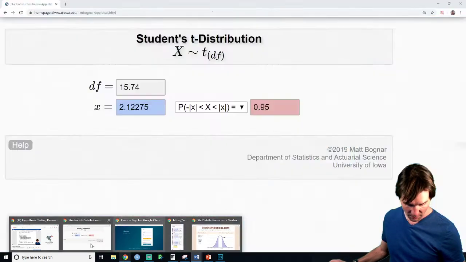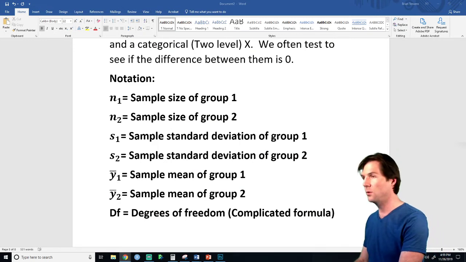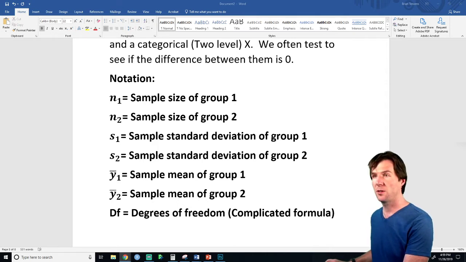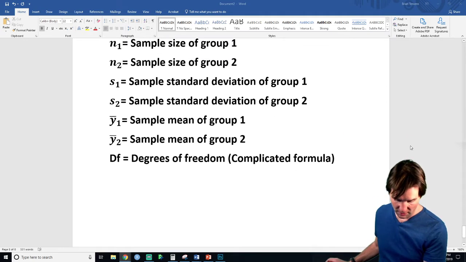Let me pull up the 2 sample degrees of freedom, t-test degrees of freedom formula, and let's pull a picture of it just so you can see what we're actually solving. Let's copy image and bring it down here so you can see it.